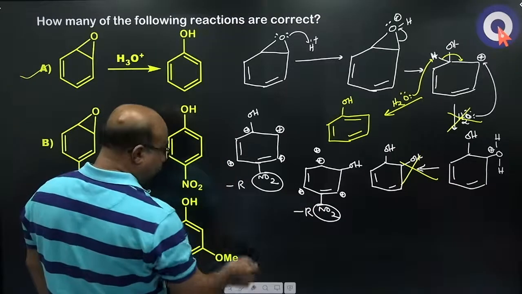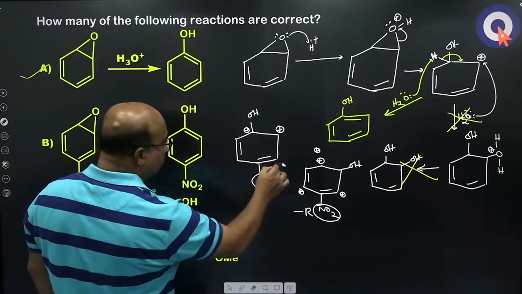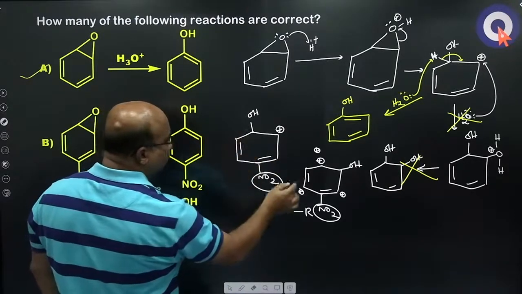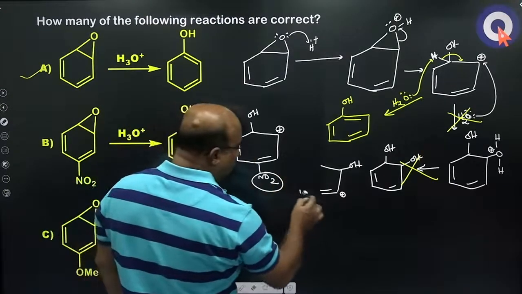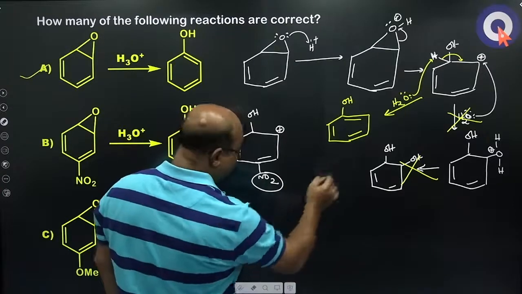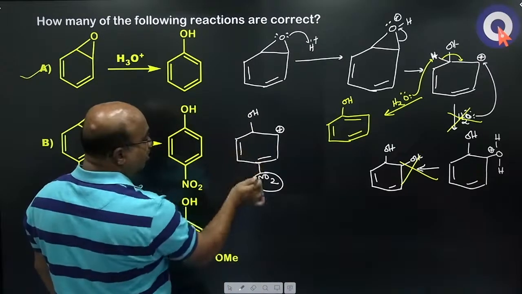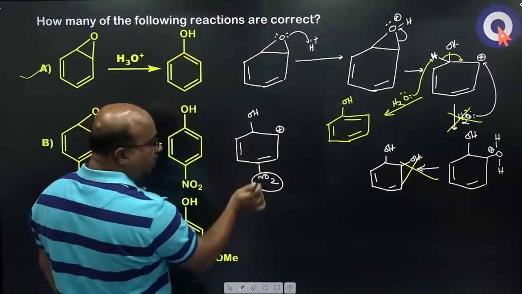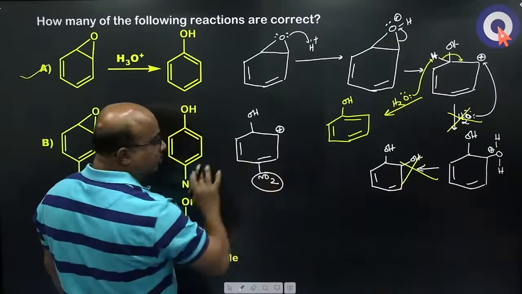So what we see according to this now, this carbon with positive charge is more stable. So we will see the OH group is present and NO2 groups are present in para position because that carbocation was unstable compared to this.